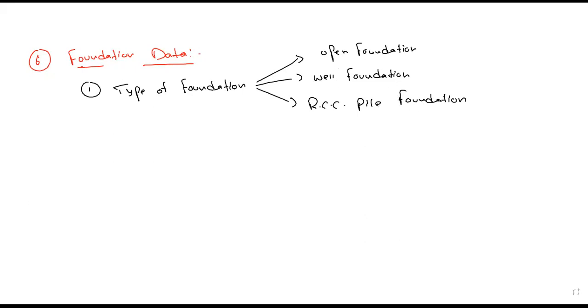And the next one, the seventh one, is data for existing structure. What do you mean by that? If you are proposing a new bridge, you definitely have to collect information on the old bridge which already existed on that particular stream.